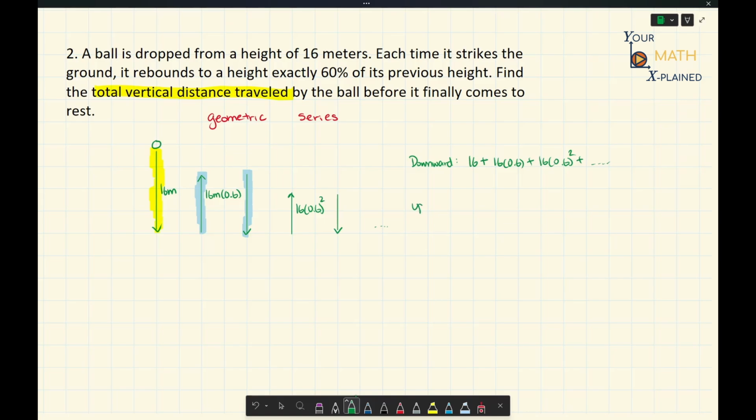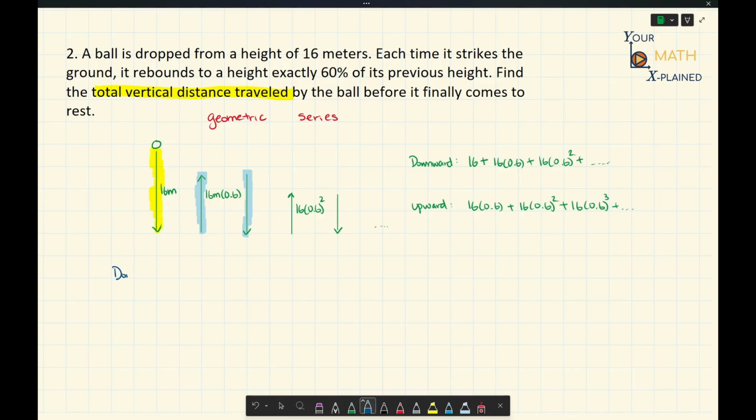And now the upward distance is going to be missing that 16 in the beginning. It starts off as 16 times 0.6 plus 16 times 0.6 squared plus 16 times 0.6 to the power of 3, and so on.